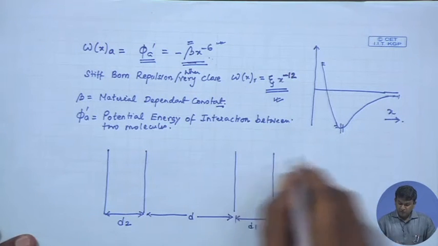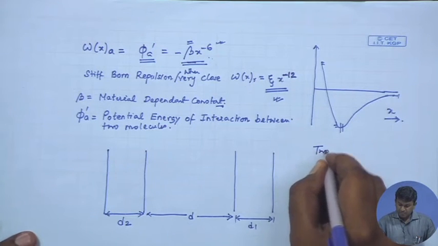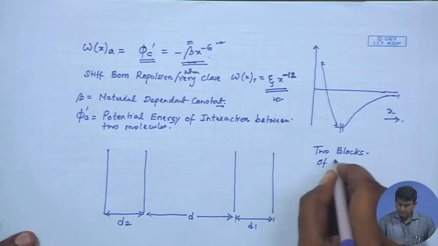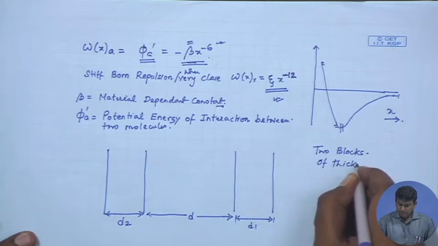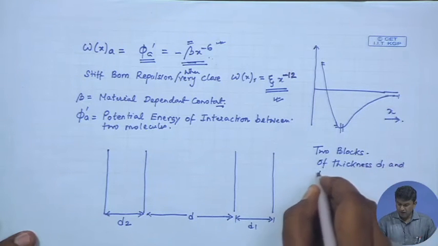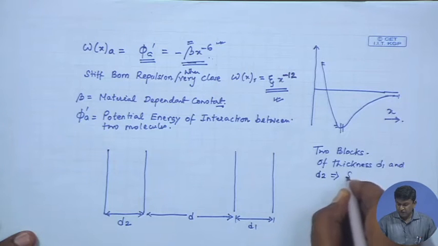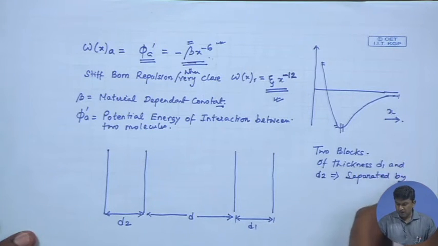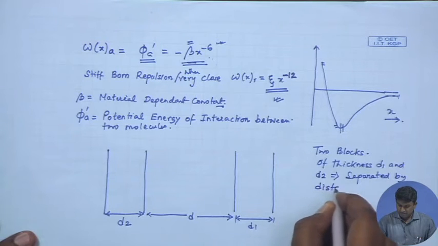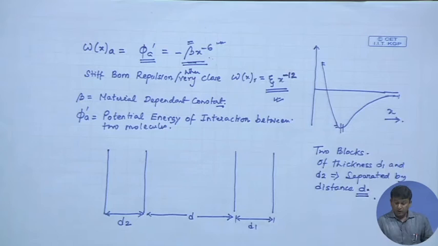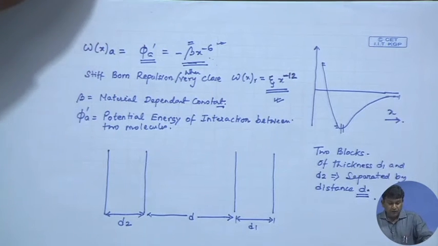So, these are the two surfaces, two blocks of thickness d1 and d2, which are separated by distance d. Okay. So, there we go.